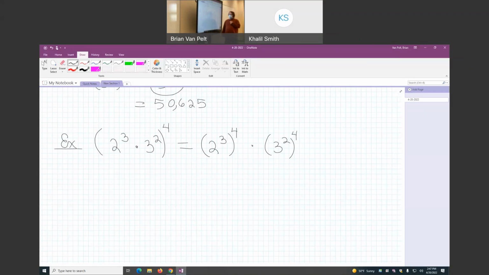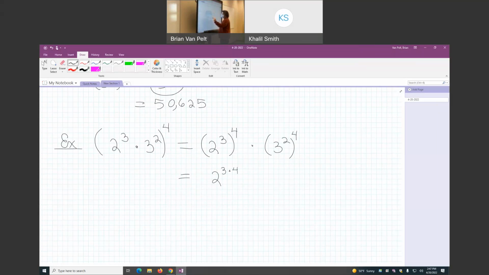Now, what does the product rule tell me that I can do? Starting with the 2, what does the product rule tell me? It's 2 to the 3 plus 3. So this will be 2 to what power? 4.